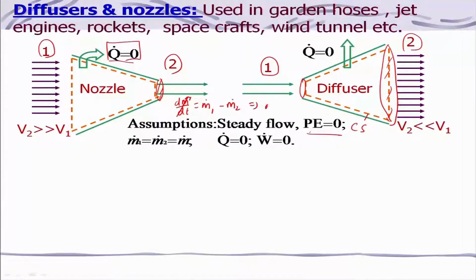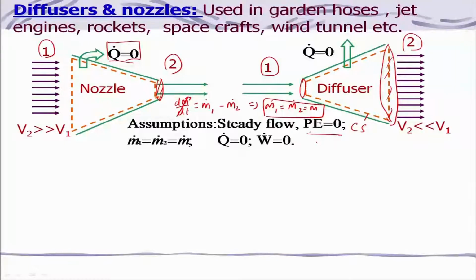Therefore, m dot 1 is equal to m dot 2 is equal to m dot, right. And what is that? That is nothing but your mass flow rate. Mass flow rate 1 is equal to rho 1 A 1 V 1, where rho 1 is the density and A 1 is the cross sectional area.